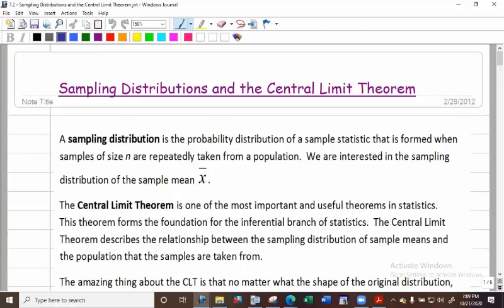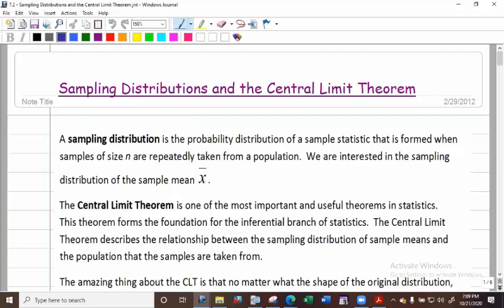Sampling distributions and the central limit theorem. Instead of distributions for a random variable x, we're now looking at distributions where the random variable is x bar, the sample mean of a group of numbers.